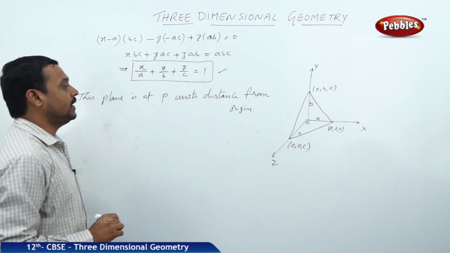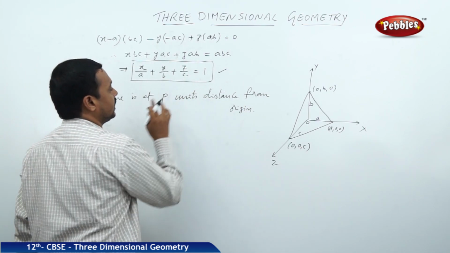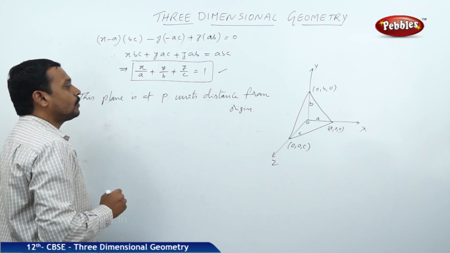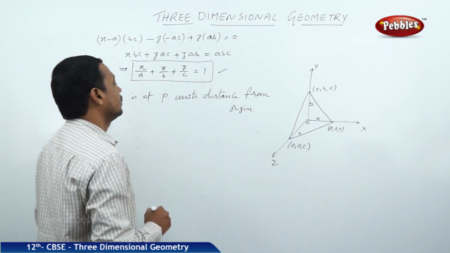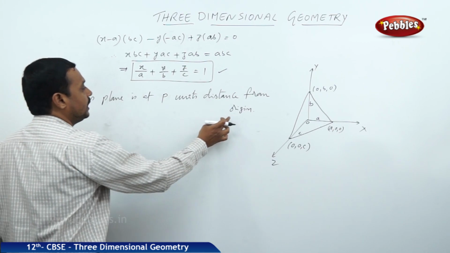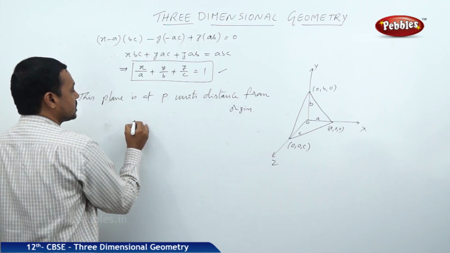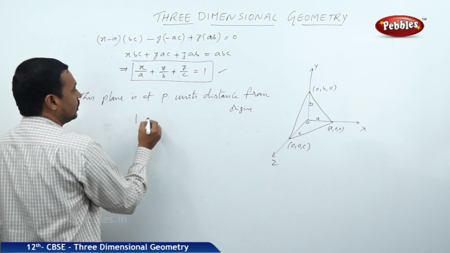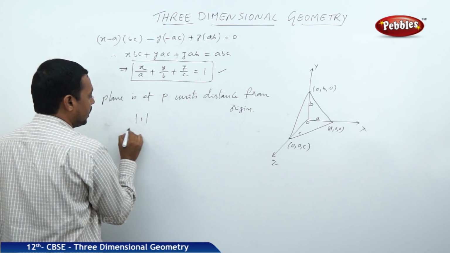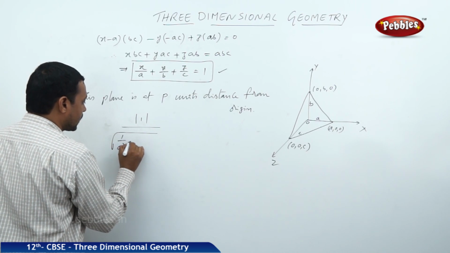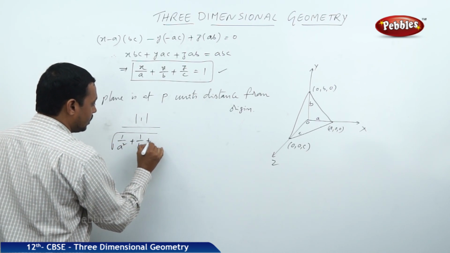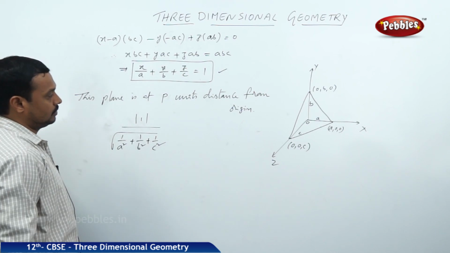Therefore, the perpendicular distance from the origin to the plane is equal to p. But what is the perpendicular distance from the origin to the plane? That is, the perpendicular distance from the origin to the plane is equal to modulus of d, where d is equal to 1 by root of 1 by a square plus 1 by b square plus 1 by c square.